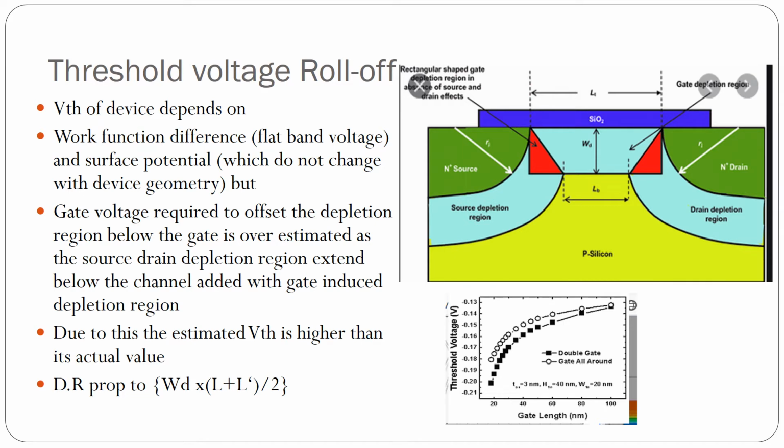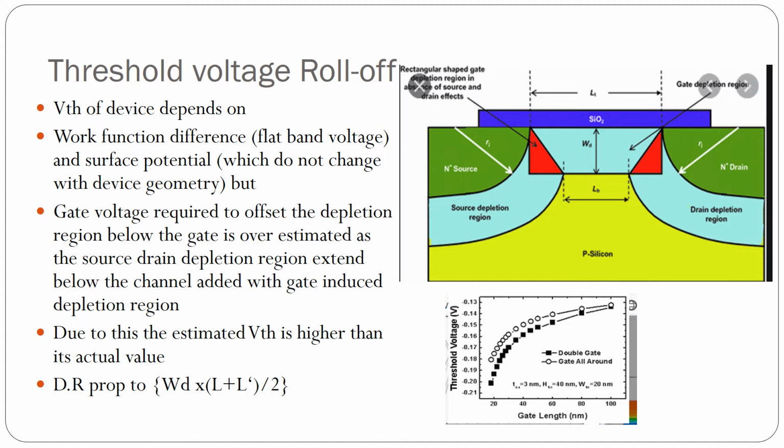So here is the cross-sectional view of threshold voltage roll-off. So what is threshold voltage roll-off? You see the depletion region below the gate. When the applied gate source voltage is smaller than the threshold voltage, a depletion region appears below the channel.